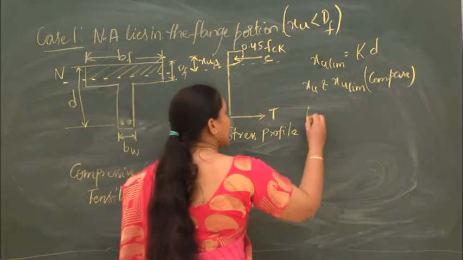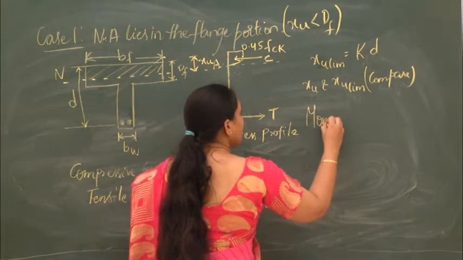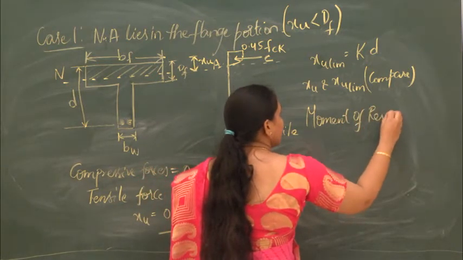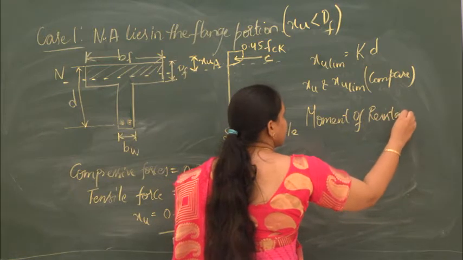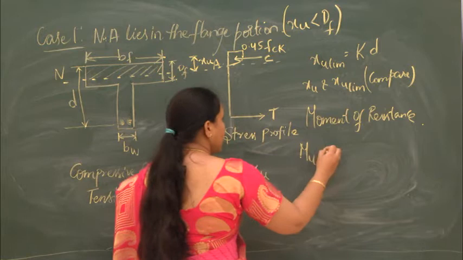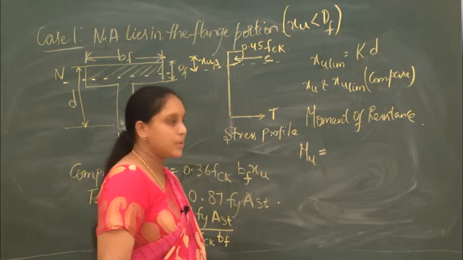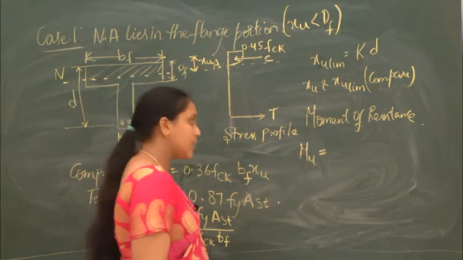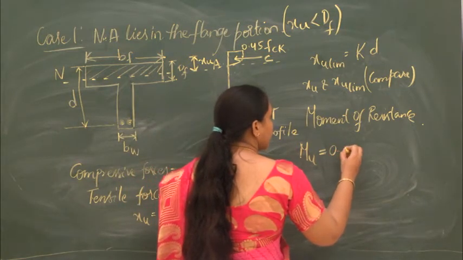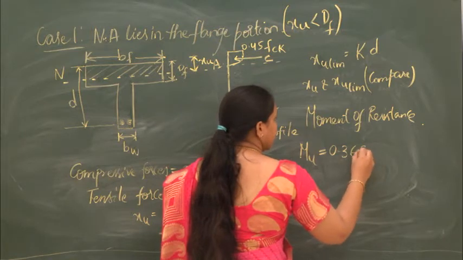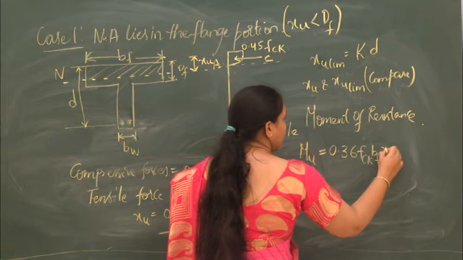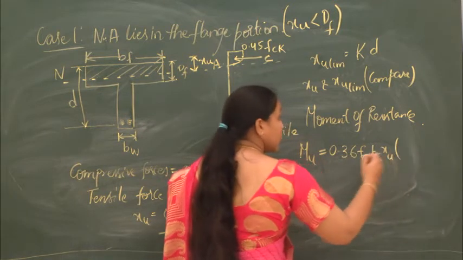Now let us calculate the moment of resistance. The moment of resistance Mu with respect to concrete and with respect to steel can be calculated as usual. With respect to concrete, it will be 0.36 fck bf into xu into the lever arm.